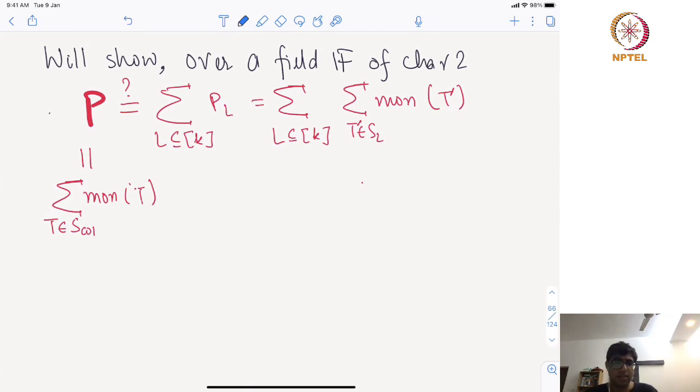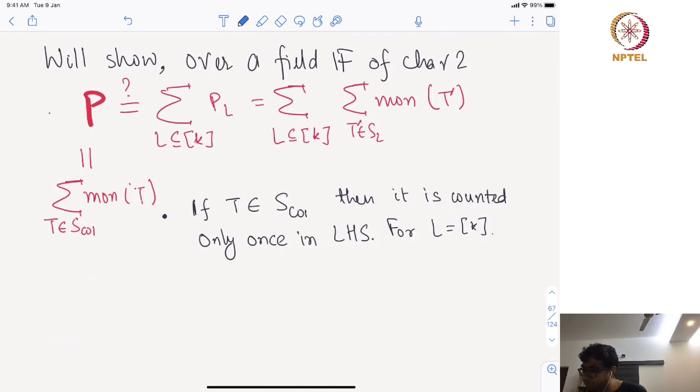Let us ask ourselves: I want to say that the P which we made, with respect to S-colorful, is the summation over L subset of k of P of L. Remember, our definition of P was the summation of the monomial of T over T in S-colorful, right? So this is just an extension of that. Let us see why.